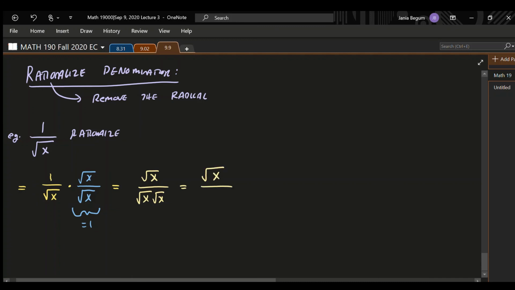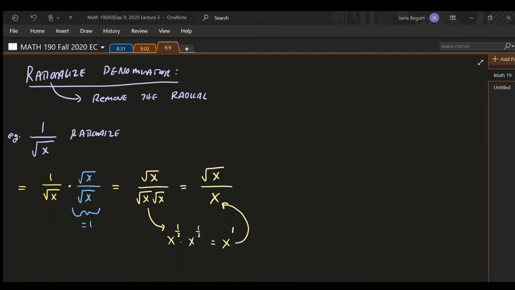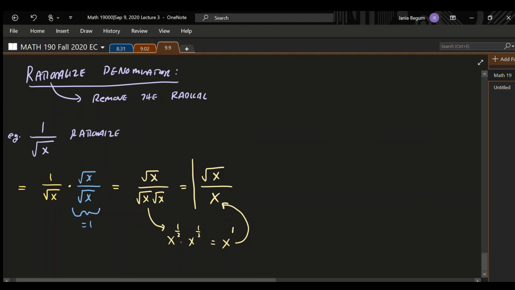Why? Because if you rewrite these as an exponent, that's x to the 1/2 and x to the 1/2. Same base, we add the exponents, so that's just x to the 1. And we were successfully able to remove the radical. So that's what we mean by rationalize. Any questions on this?